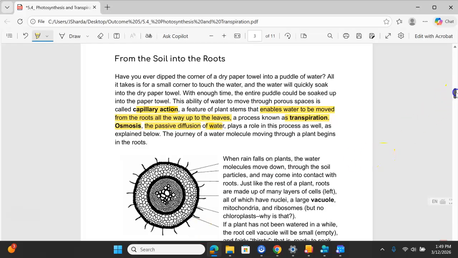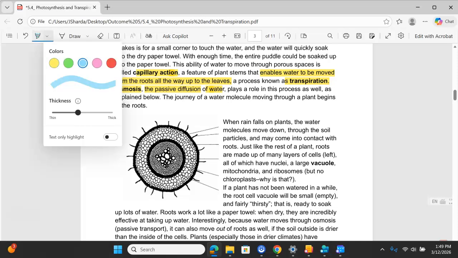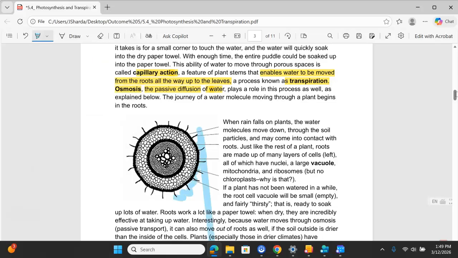When rain falls on plants, the water molecules move down through the soil particles and may come into contact with roots. So if we change this to a blue highlighter, here's the water outside. It might come in contact with the roots.